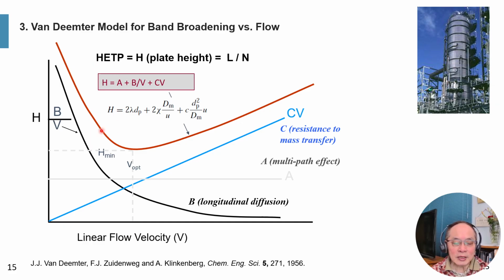Now, in the Van Deemter equation, it was found that the relationship on something called a theoretical plate height, related to the column efficiency, is dependent on three different components, three terms called A, B, and C.